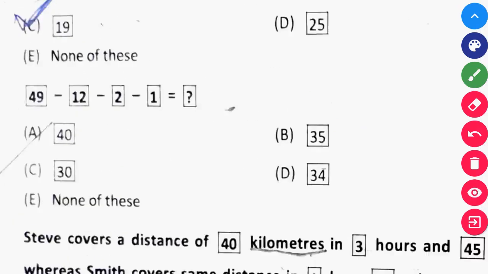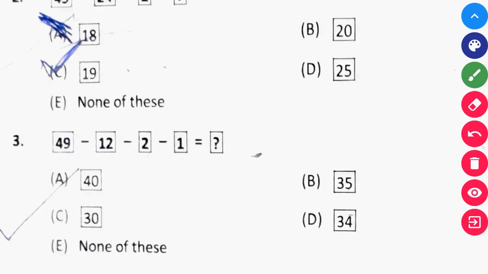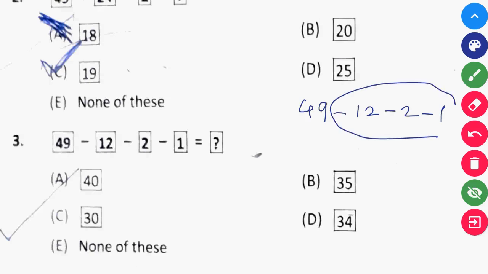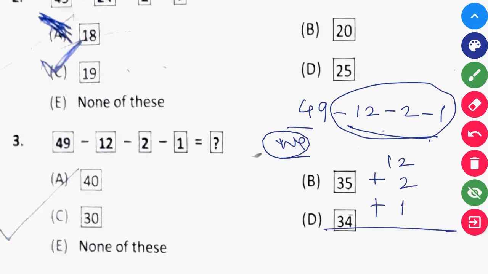Now again 4 numbers are given for the subtraction as 49 minus 12 minus 2 minus 1. Now these 3 numbers have the same sign, which is negative, and this has a positive sign. So we will add those numbers which have the same sign. So we'll add 12 plus 2 plus 1.